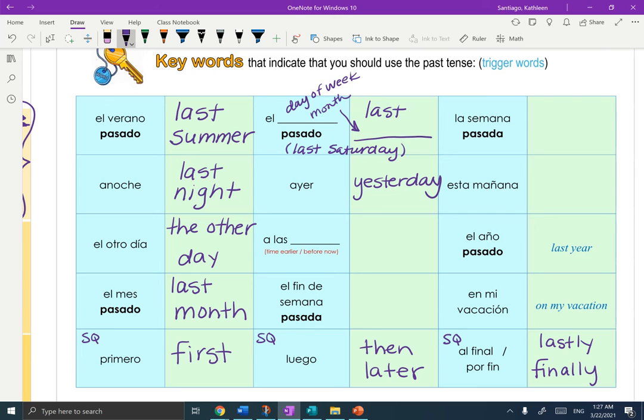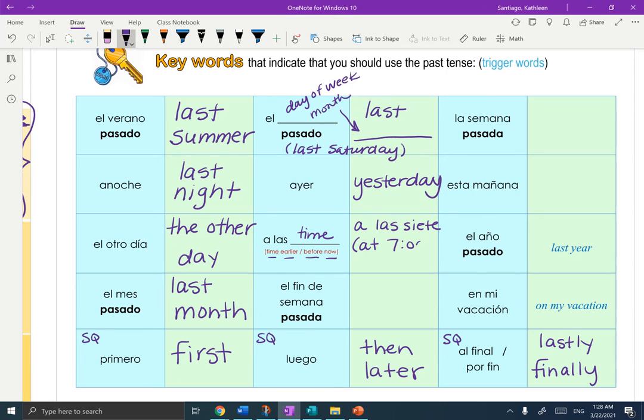A las blank. Okay, well, this is going to be a time, but the time had to be earlier or before right now. So, like earlier today or before right now. Like it could be yesterday if it was a time. So I might say a las siete, right? Which would mean at 7. And it could be AM or PM. We don't know, just at 7 o'clock.